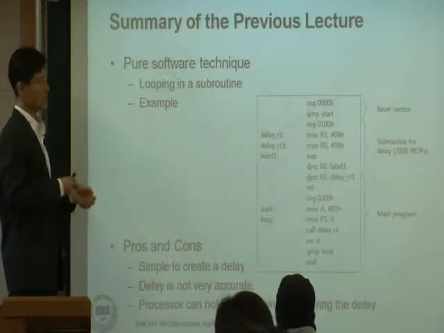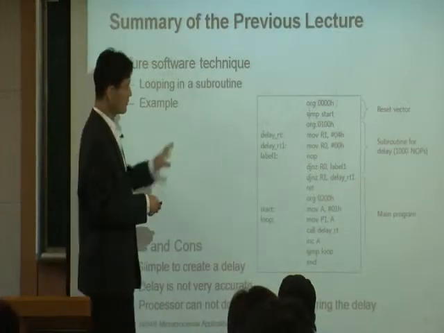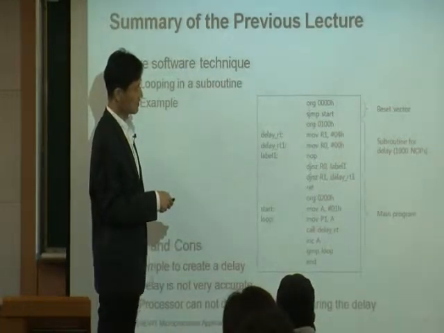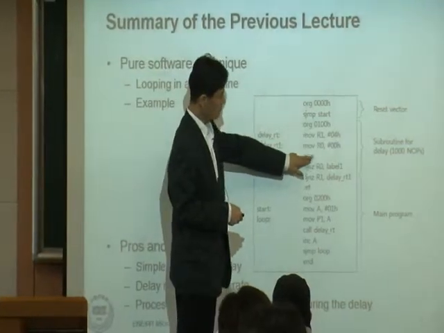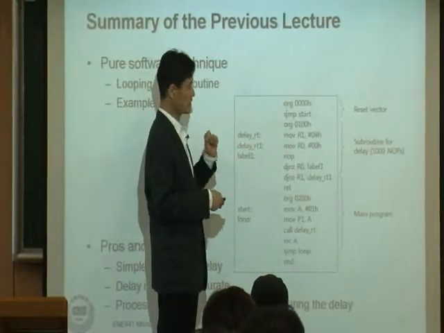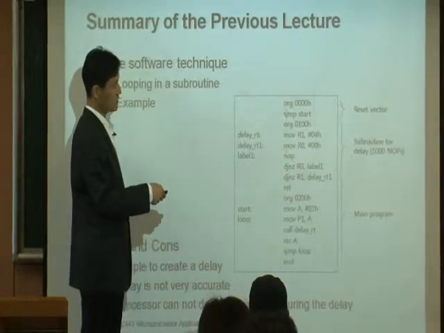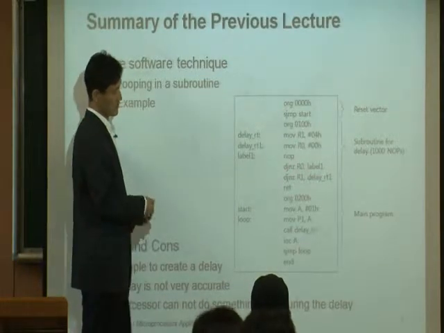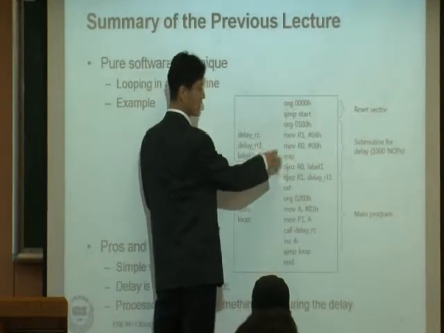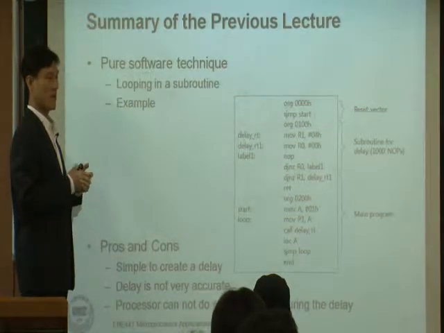Any processor, any hardware, you can use the same software routine. What you do is use NOP, an operation that does nothing, no operation. Using NOP, you can do a loop, as many loops as you like. Let's say you do 1,000 NOPs, then you have a 1,000 NOP delay.